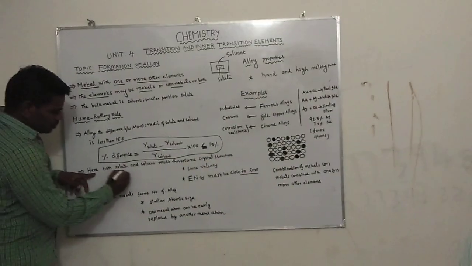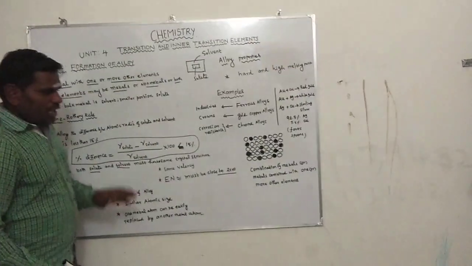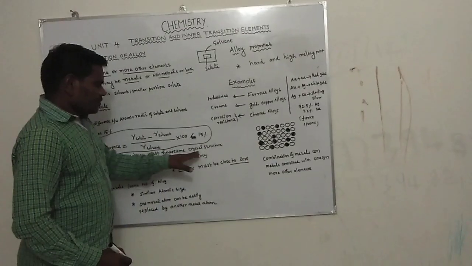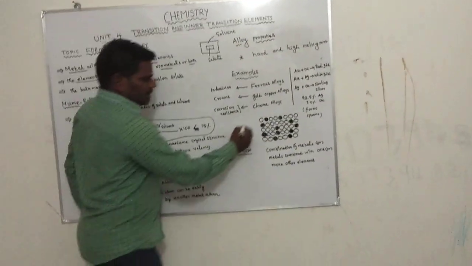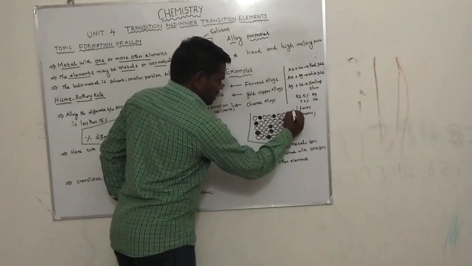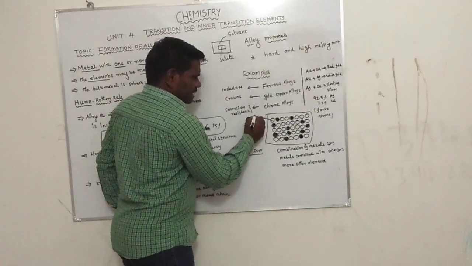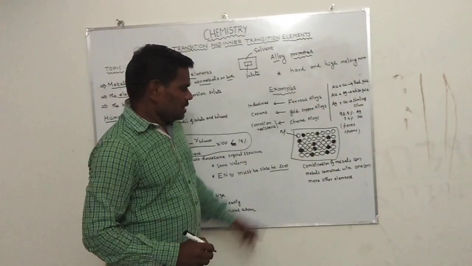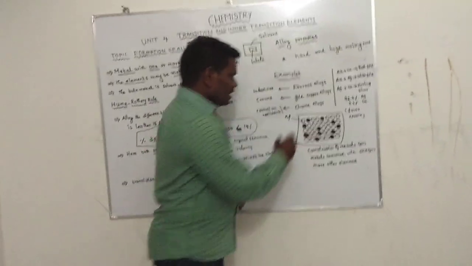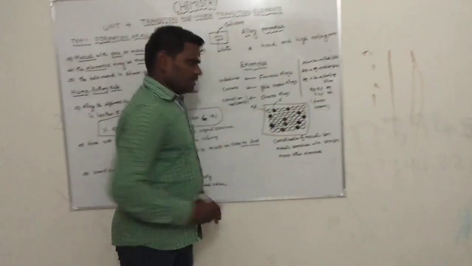Here both solute and solvent must have the same crystal structure. If you see the picture, two metals are combined here, an M type metal and another X type metal.